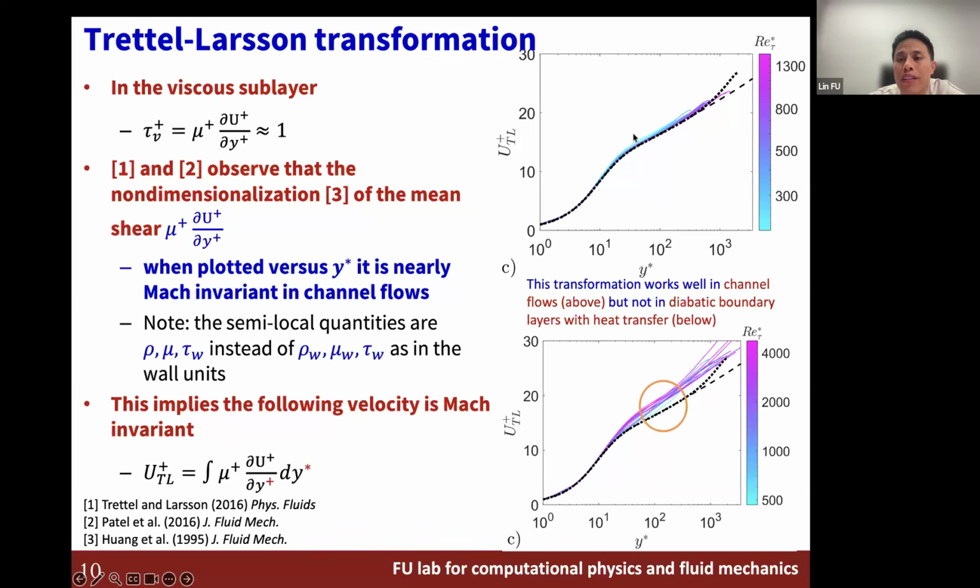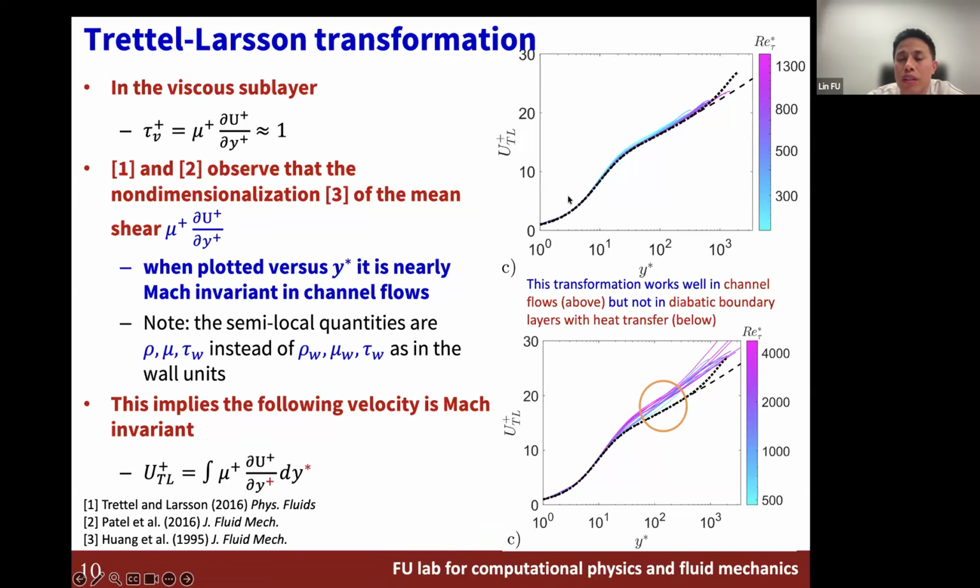For this Trettel-Larsson transformation, I would say the derivation is not rigorous. However, by chance, it works perfectly for channel flow. What I mean by not rigorous is that the constant stress layer in the log regime essentially is not valid. Only in the very near-wall regime can you probably retain a constant stress layer.